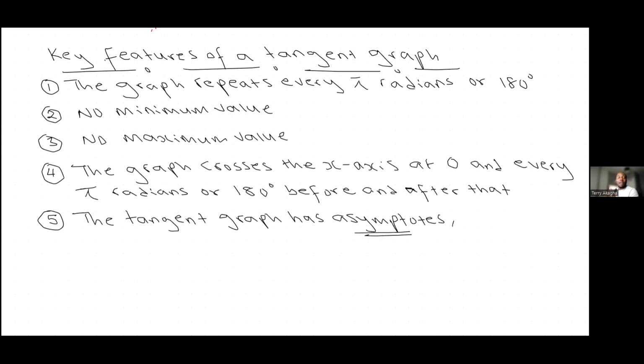So asymptotes, these are values where the function is undefined.